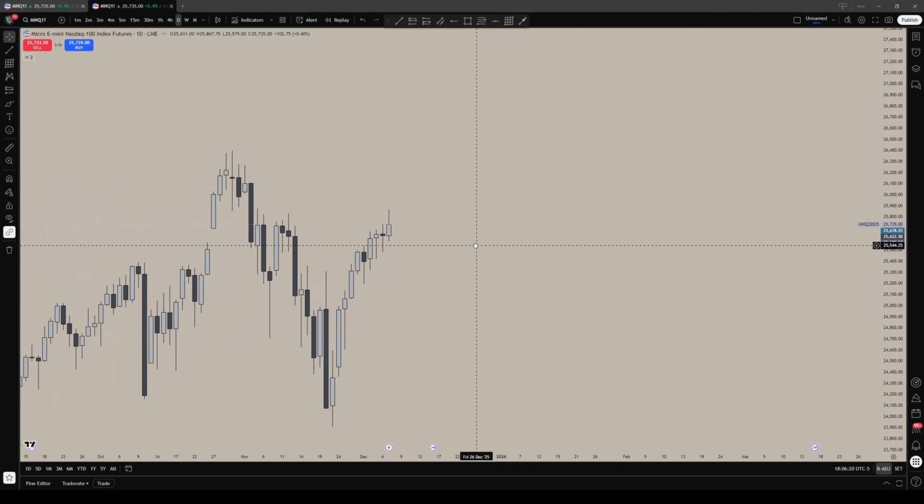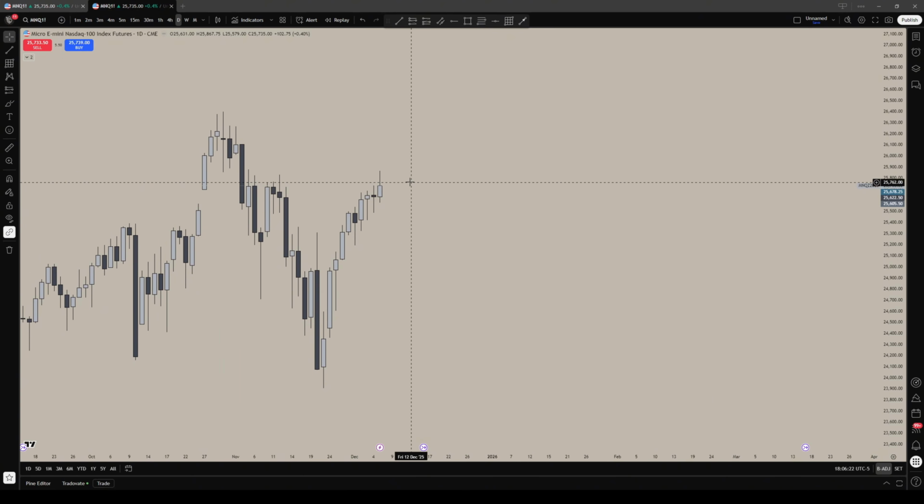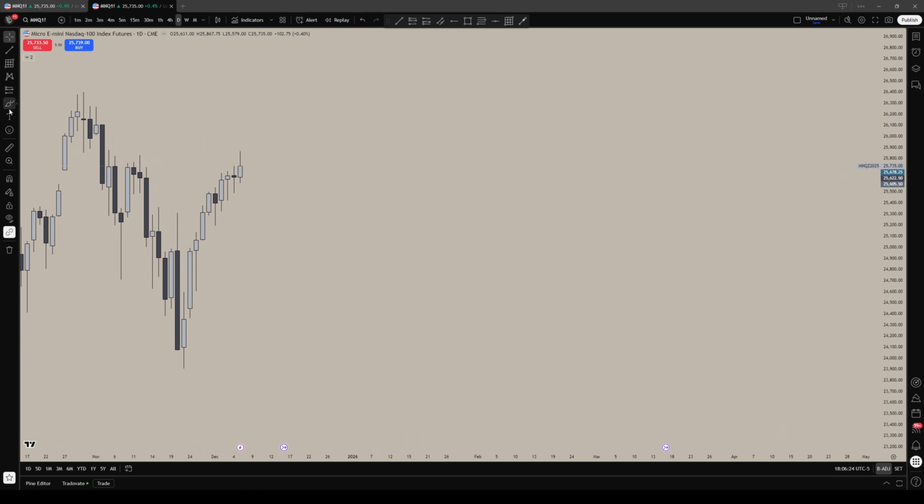Whenever you buy, let's say you buy at this level right here, 25866.25, for no particular reason. If you buy here, what you're looking for is an equivalent sell limit. That's why there are sell limits at every market tick.